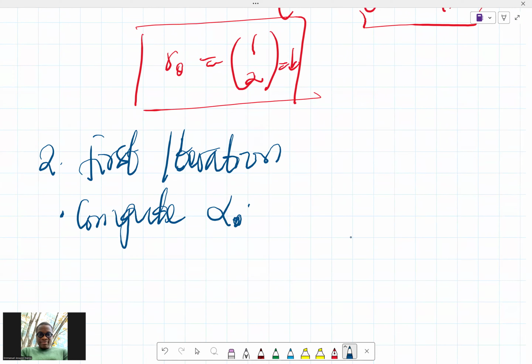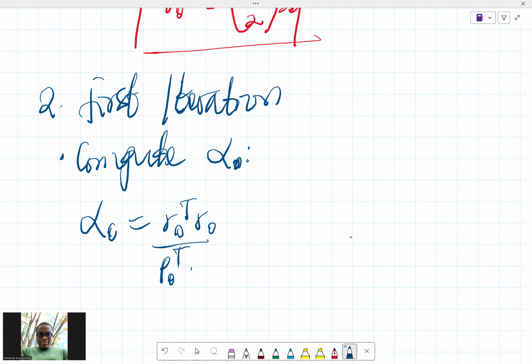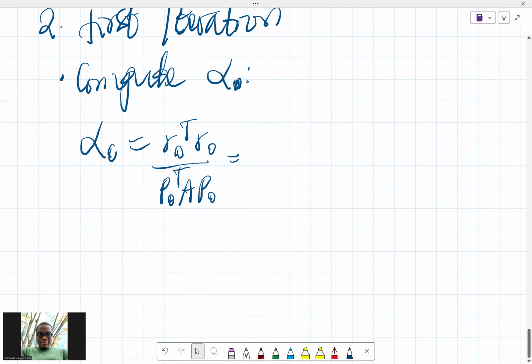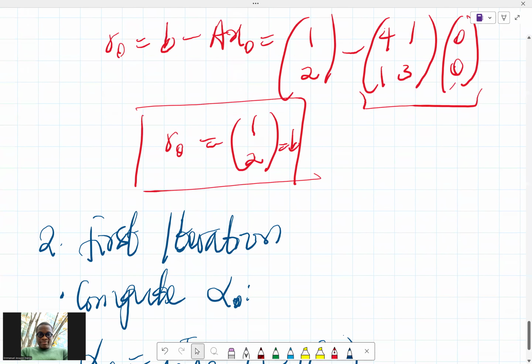Alpha naught equals R naught transpose R naught all over P naught transpose A P naught. R is 1, 2, so that is 1, 2 times 1, 2 over P naught transpose A P naught.